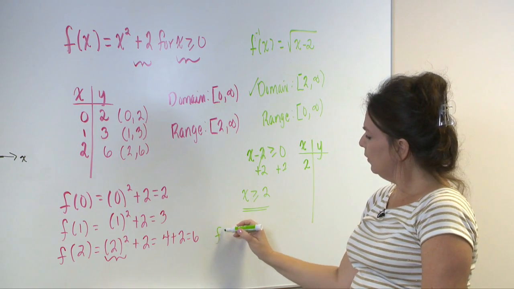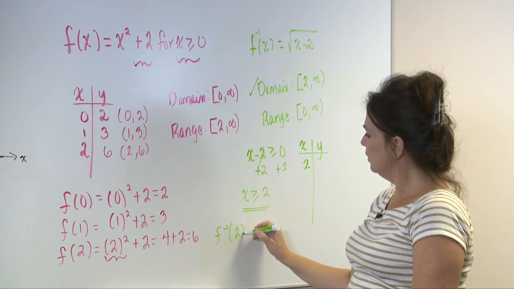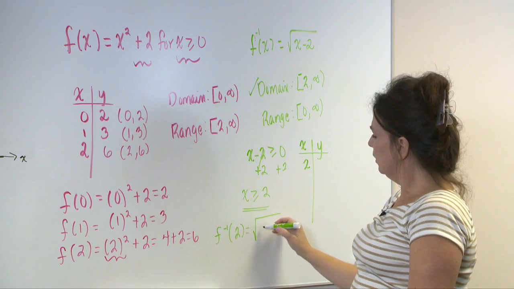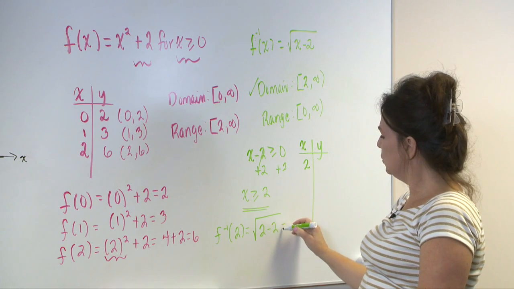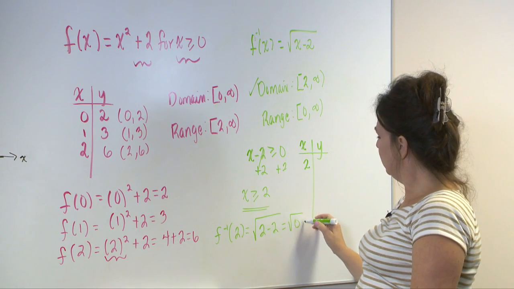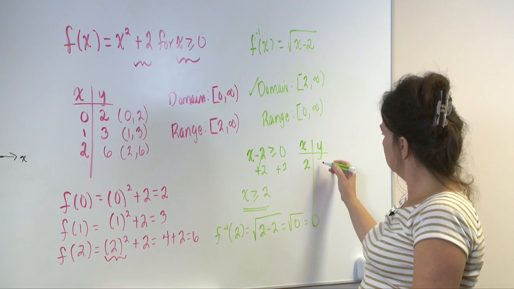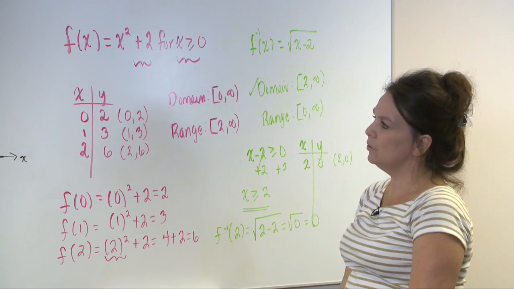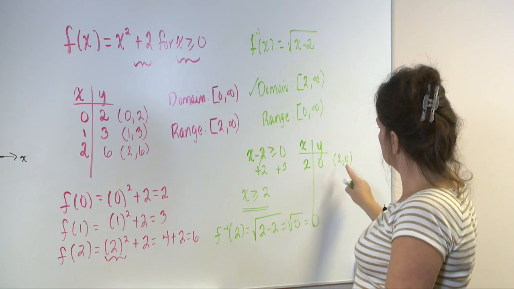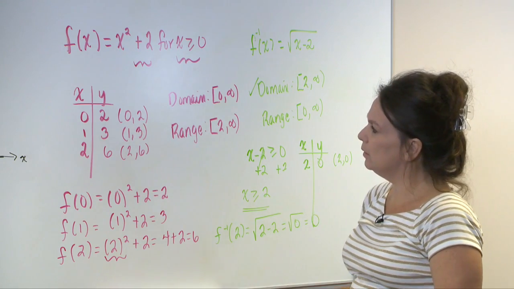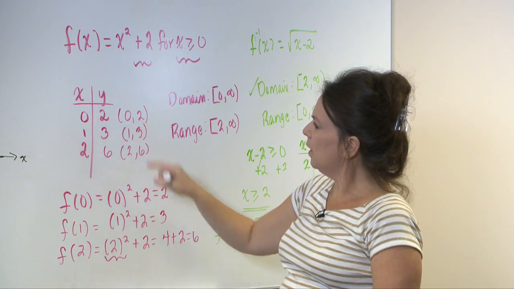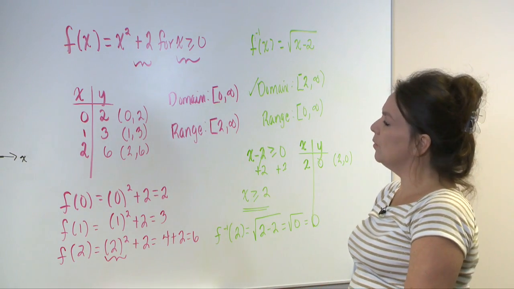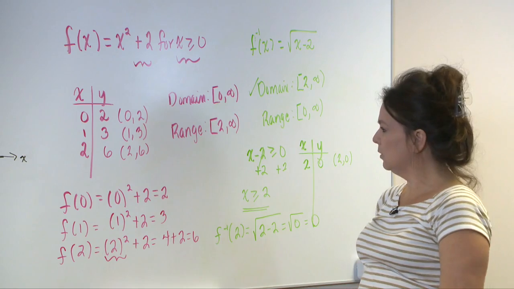So f inverse of 2 is equal to, plugging in 2 into the inverse function, the square root of 2 minus 2, or the square root of 0, which is 0. And so here we have the ordered pair 2, 0. What I'd like to notice is I have the ordered pair 2, 0 here, and for the function f, I have the ordered pair 0, 2. So that will happen, that our x and y values will be reversed.